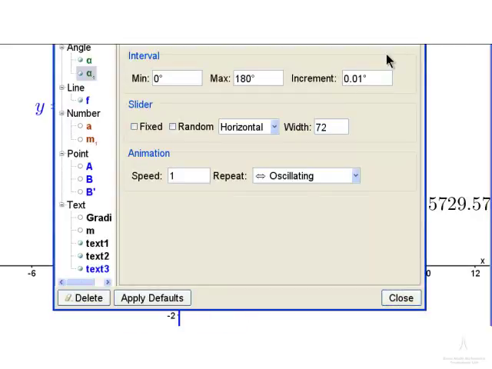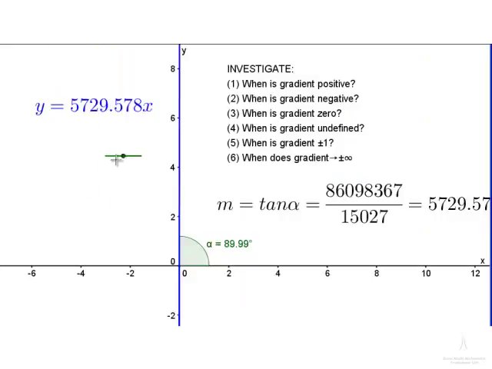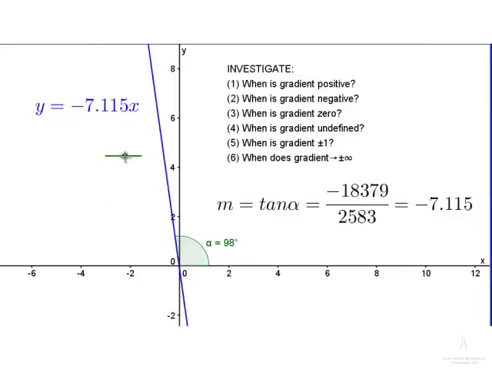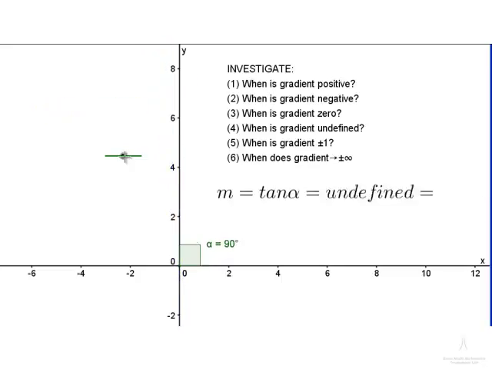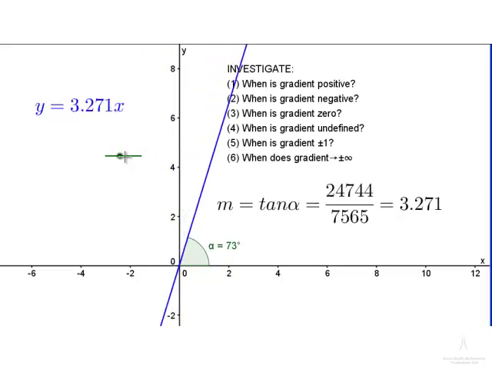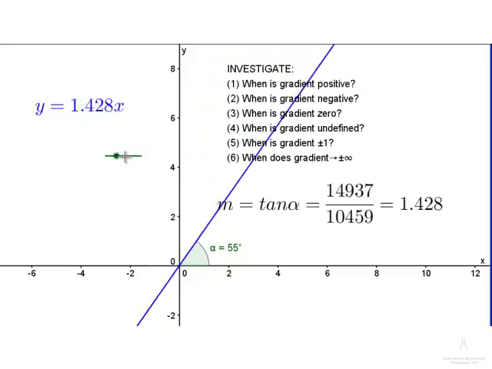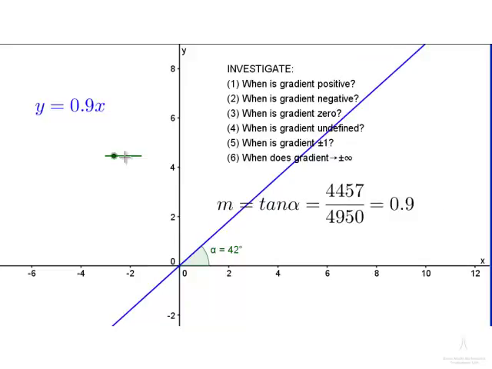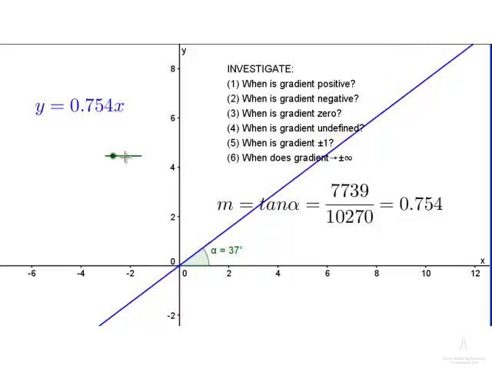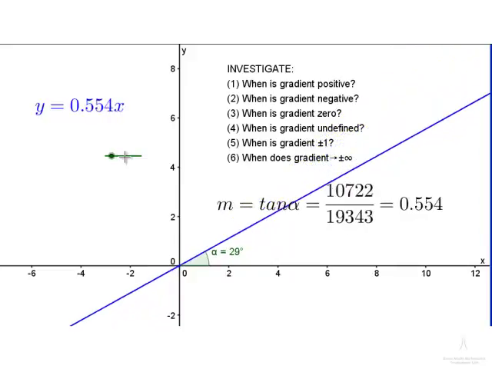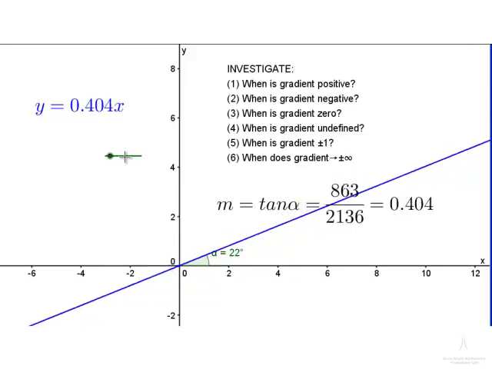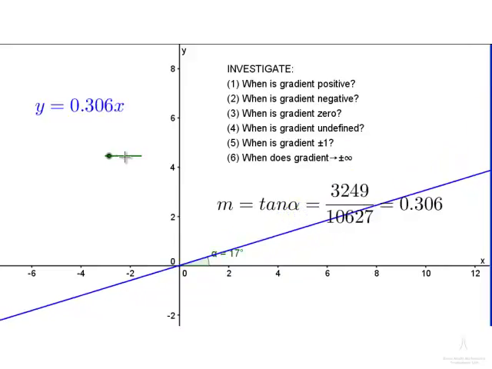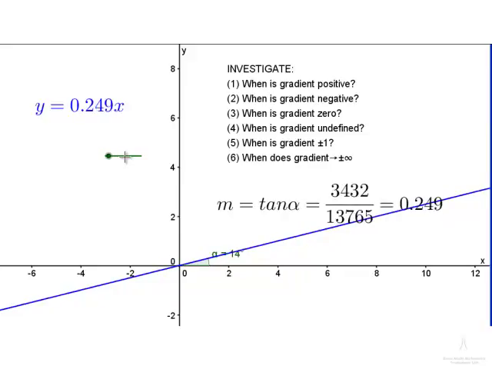Make this again steps of 1, and let's change the angle. Right, and we want it to become 0. Now, note here that my delta y is getting smaller. The top number is getting smaller. So when delta y is 0, the gradient will be 0. Can you see the gradient is getting smaller and smaller?